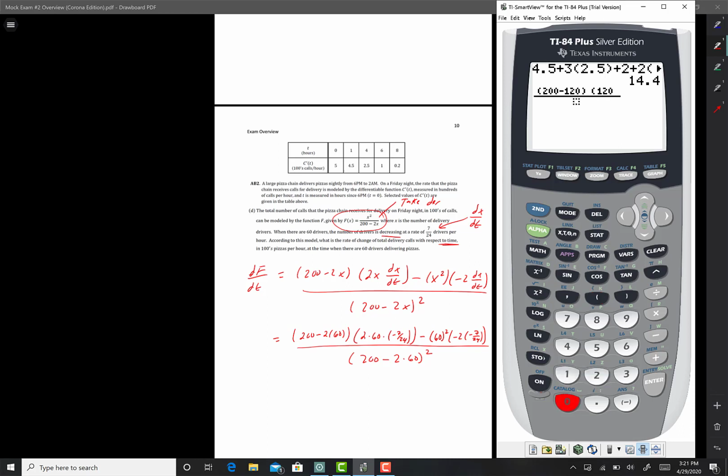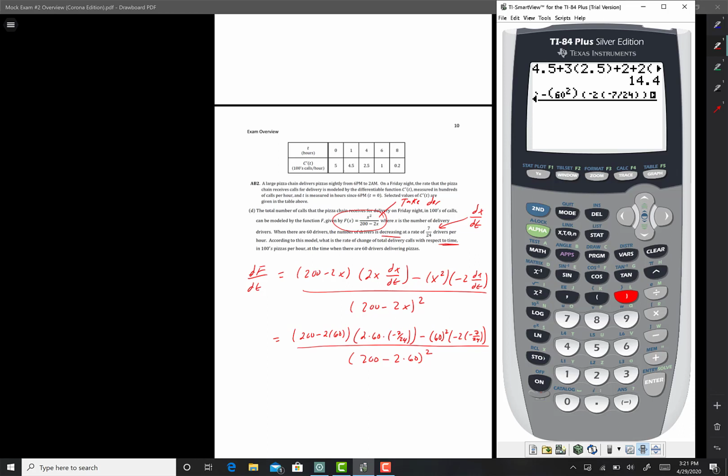So 120 times negative 7 over 24, close, and then close, minus, and then open, 60 squared times negative 2 times negative 7 over 24.